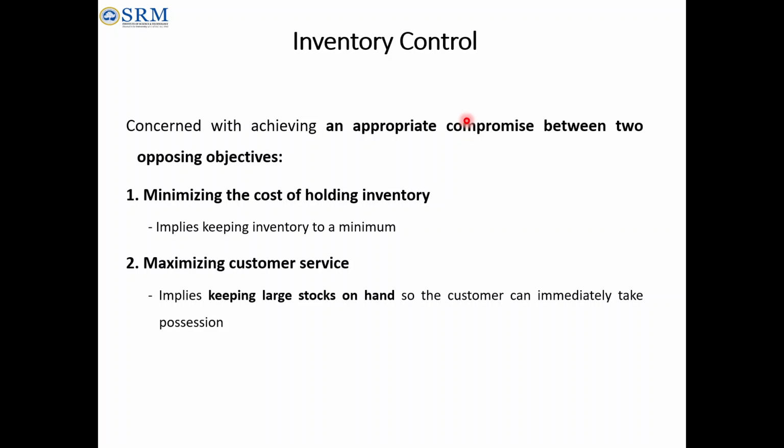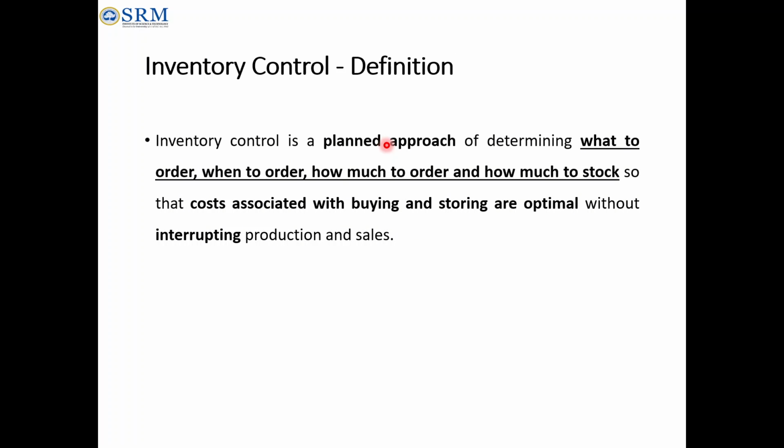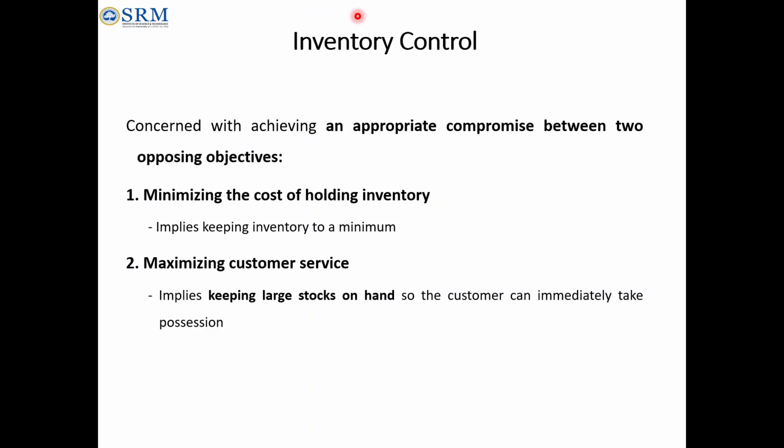For that there will be a systematic approach, which we discussed in the previous slide. There will be a planned approach. Similarly, in inventory control you need a planned approach to compromise between two opposing objectives. So what are the two opposing objectives?